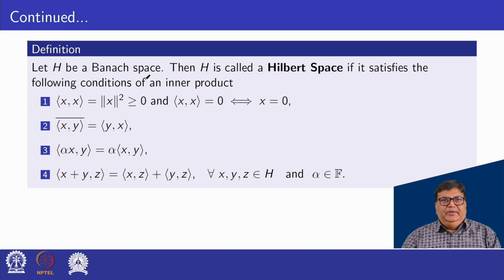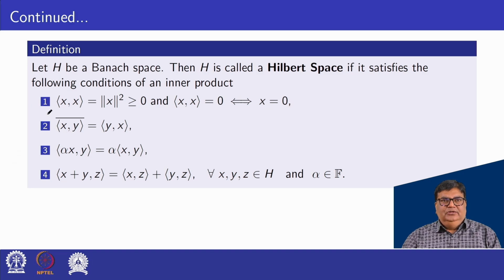Let H be a Banach space. Then H is called a Hilbert space if it satisfies the following conditions of an inner product. First, inner product of x, x is equal to norm of x square, greater or equal to 0, and inner product of x, x equal to 0 if and only if x is equal to 0.